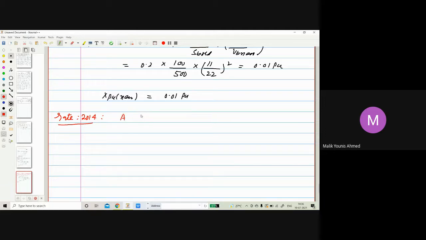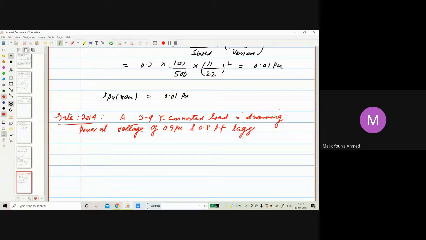A three-phase star connected load is drawing power at a voltage of 0.9 per unit. The voltage value is given per unit. And 0.8 power factor lagging. These are the ratings of the three phase load.